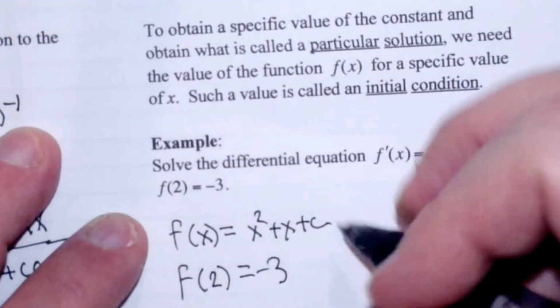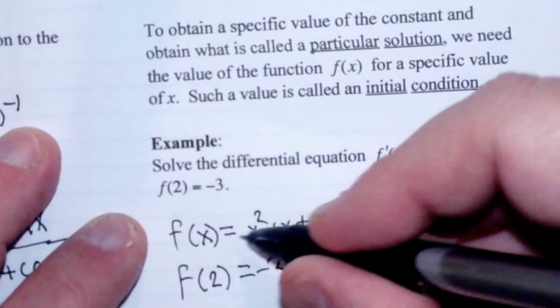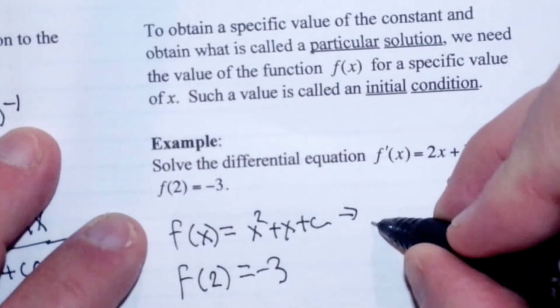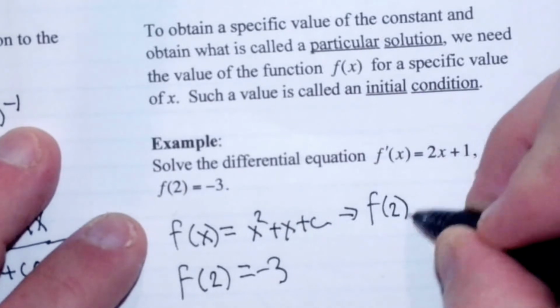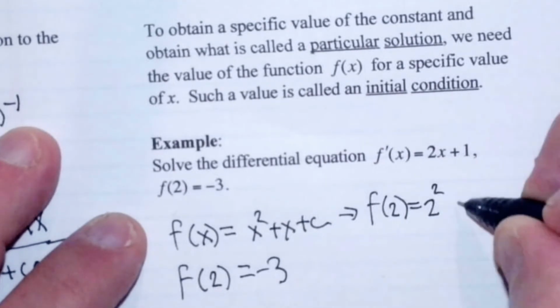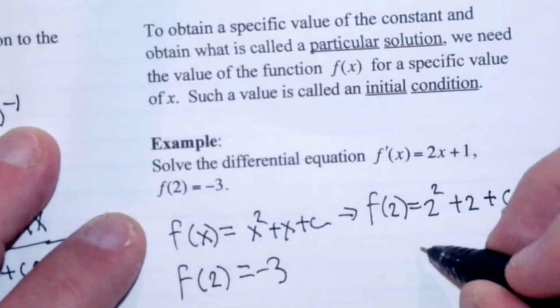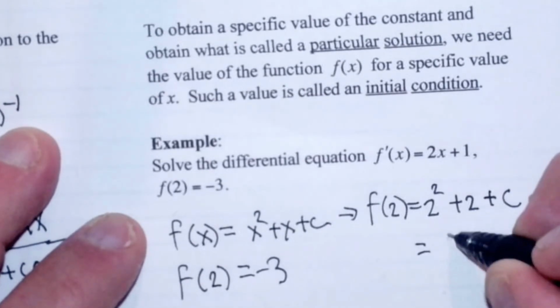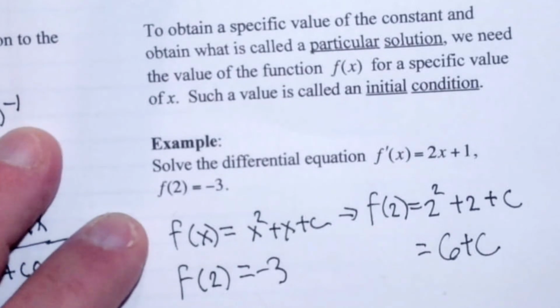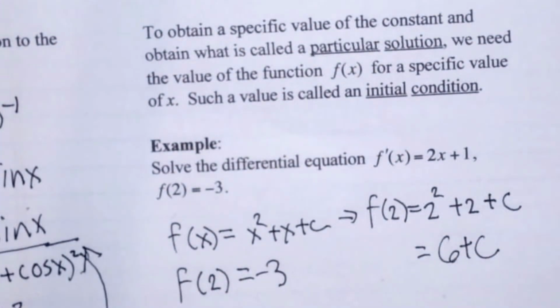But according to our knowledge of f, what is f of 2? F of 2 would be 2 squared plus 2 plus c, which I think is 6 plus c. So when we plug in a 2, we get 6 plus c. We're supposed to get negative 3.